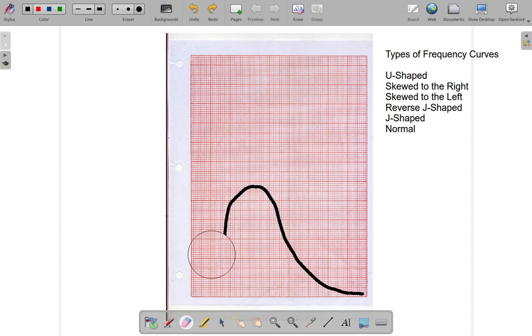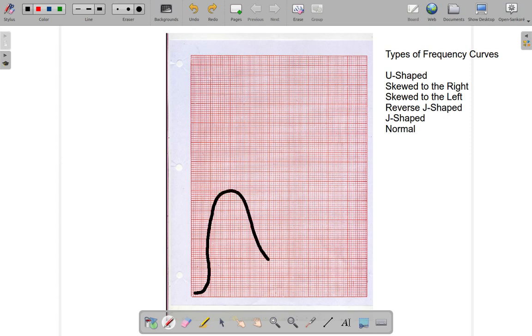And I could exaggerate it a bit. Make it more exaggerated. I go up high, go down low, like this. Alright. Now, you might say, how is it that this bump is on the left and yet it's called skew to the right?